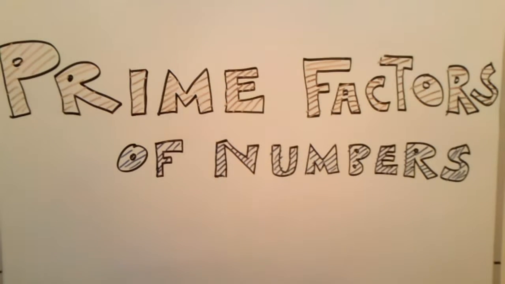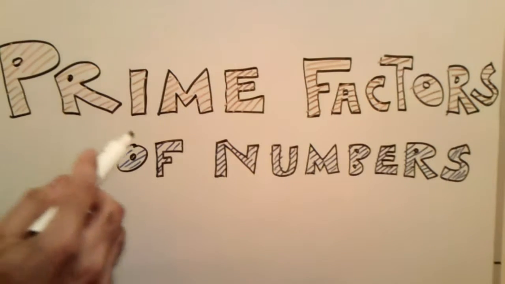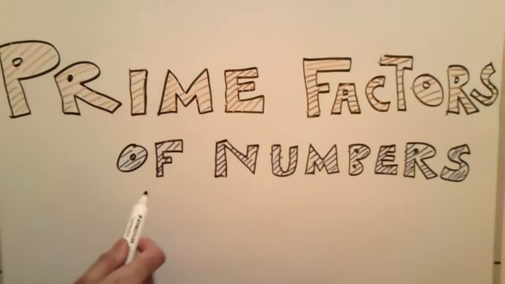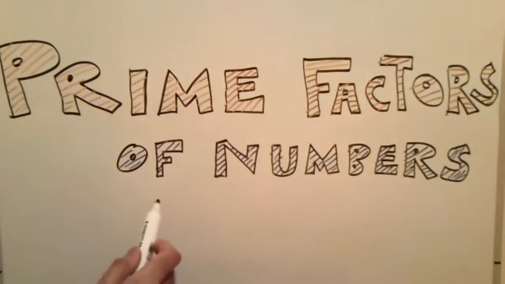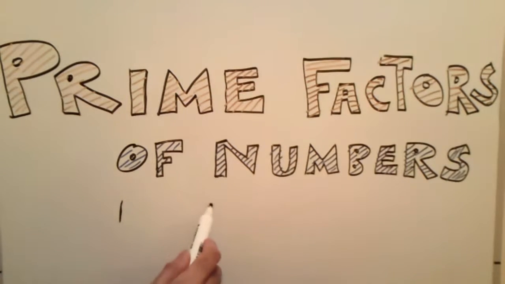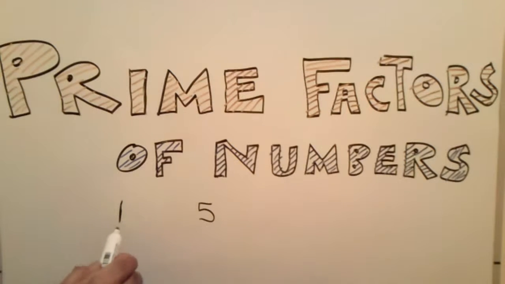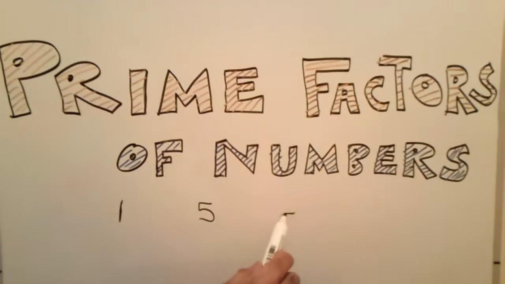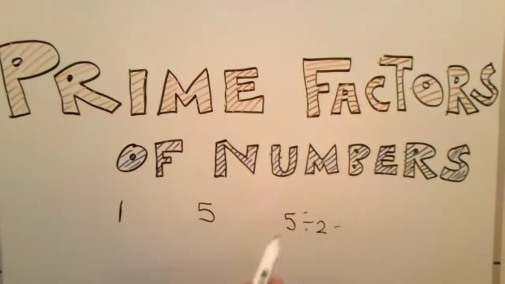I'll just show you a quick example. Say we have 5. Let's find the factors of 5. We know that 1 times 5 is 5. Does 2 divide into 5? No, we don't get a whole number. Does 3 divide into 5?